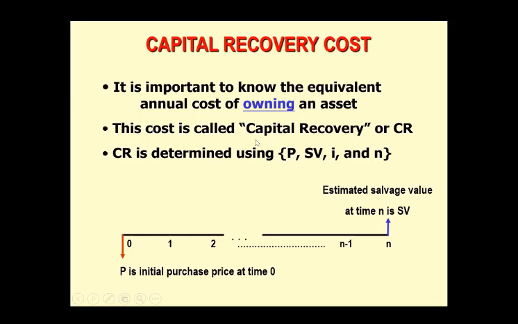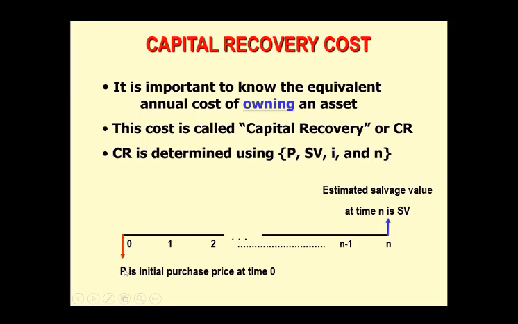And this is called the capital recovery. Here you can see, for example, we have an asset of n years, which is the life of the asset. And P is the purchase, the investment.